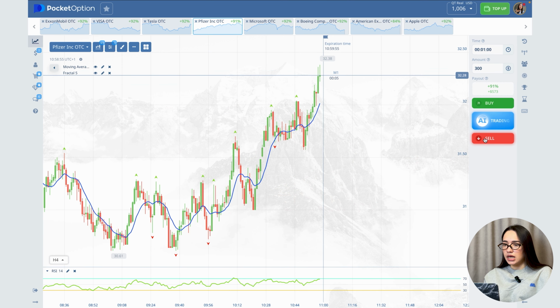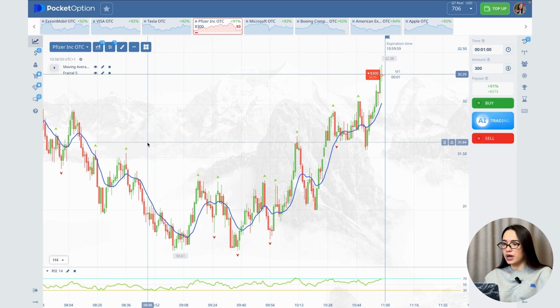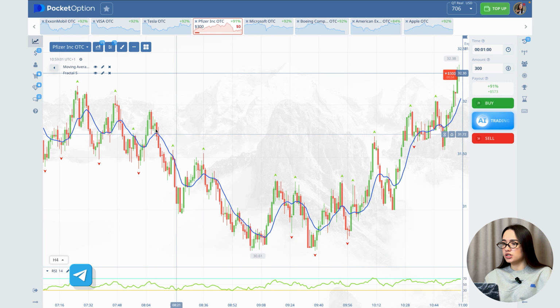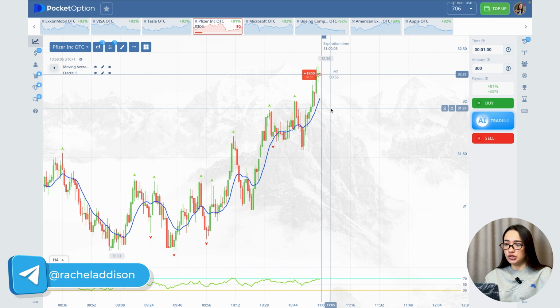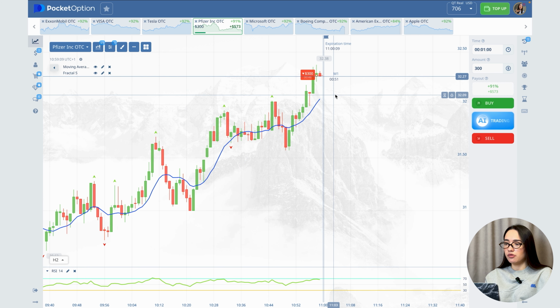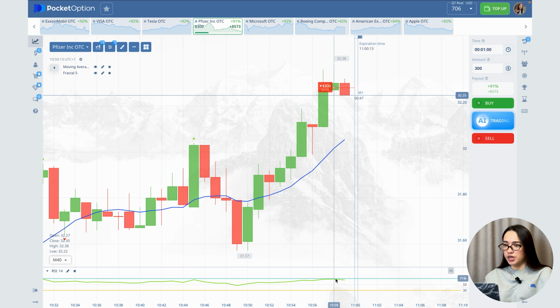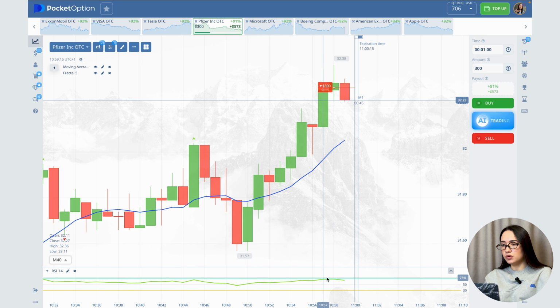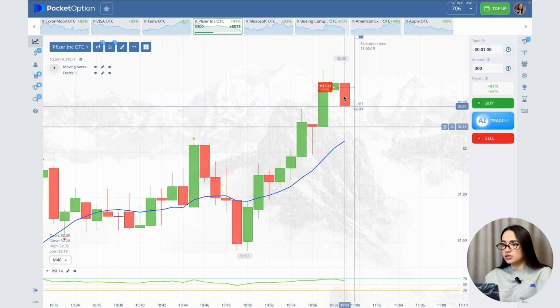Well, let's again try to open the position on the pullback of the dynamics. Of course, here I may have made a mistake, but in general I think that the pullback should work out, and we see, as in the last trade, a reversal from the overbought area, and previously the rise was demonstrated.